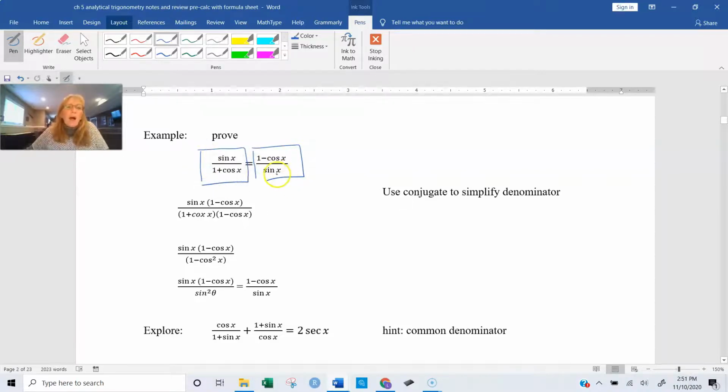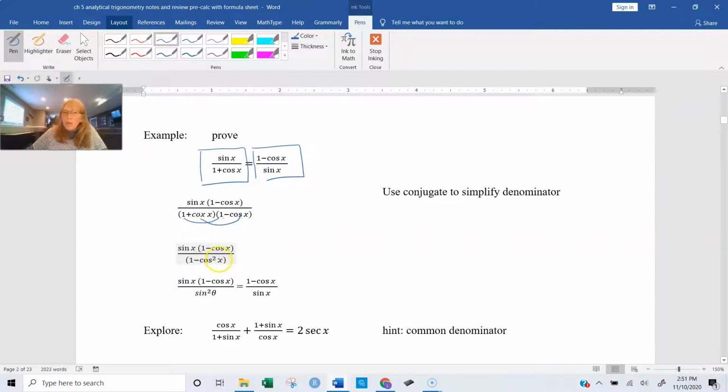Okay, well, I know that I need a sine in the denominator. I know that 1 minus sine squared is cosine squared. I'm pretty sure I can get this here by using the conjugate. So I'm going to multiply both by 1 minus cosine, top and bottom. Everybody good? So when I do this, I leave the numerator alone, while this is just 1 minus the cosine squared.